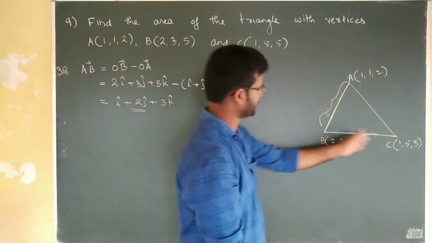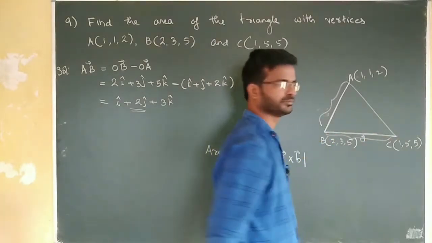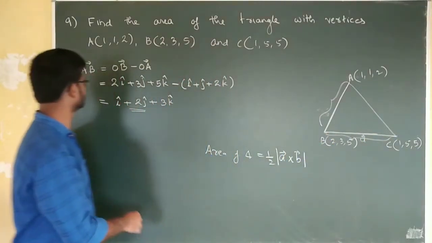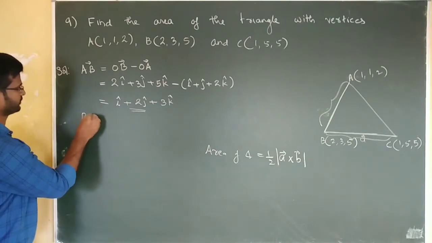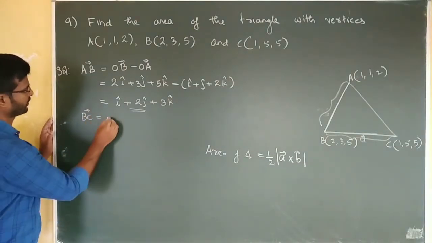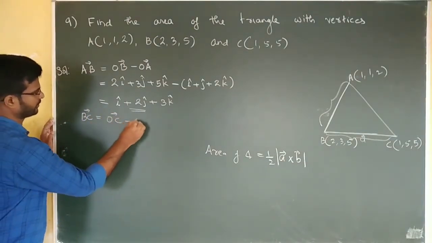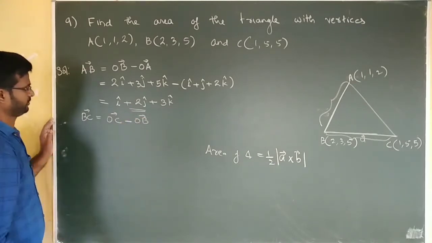Next, the second side. We can take BC vector equal to OC vector minus OB vector.